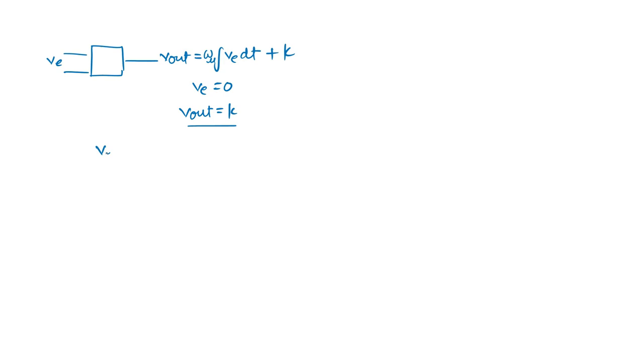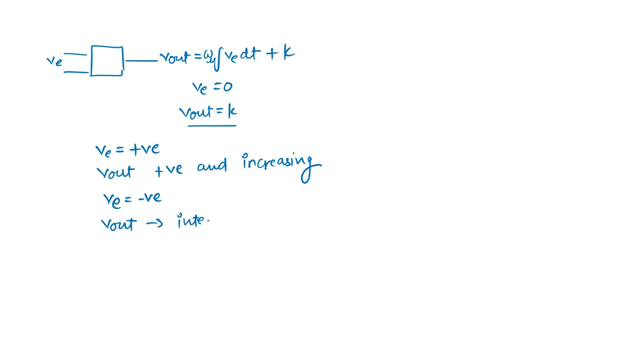If the error voltage is positive, V out is positive and increasing, so integration is happening. If the error voltage is negative, the integration is happening in the other direction. So why do we want infinite DC gain?